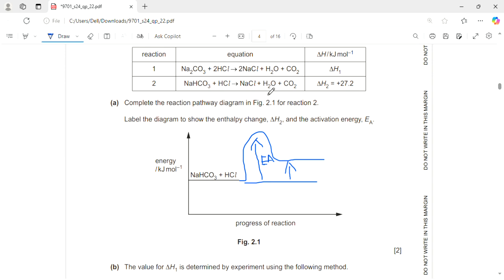So write the products here. We'll draw it lightly a little bit like this. Just write the text here.